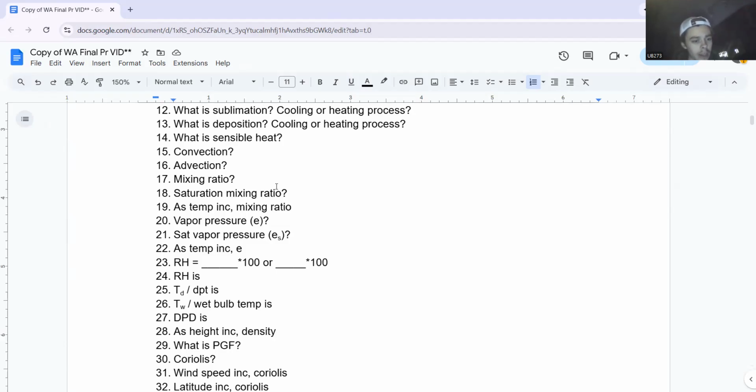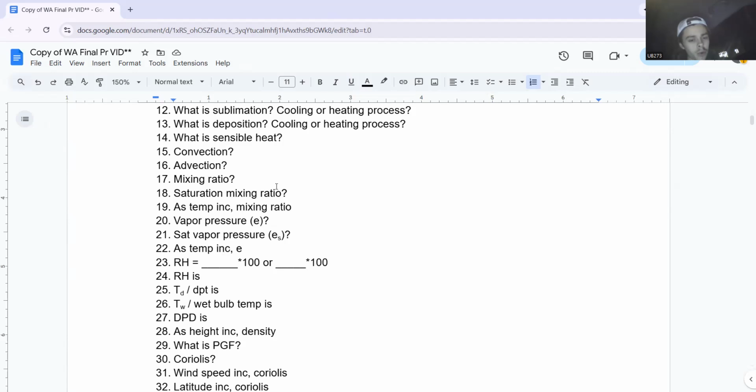So you calculate mixing ratio as the mass of water vapor divided by the mass of dry air. Saturation mixing ratio is calculated as the mass of water vapor divided by the mass of saturated air. Okay, as temperature increases, the mixing ratio does what? Increases.